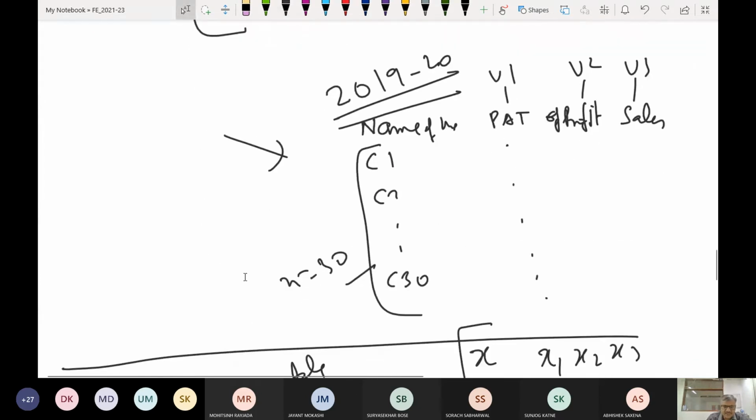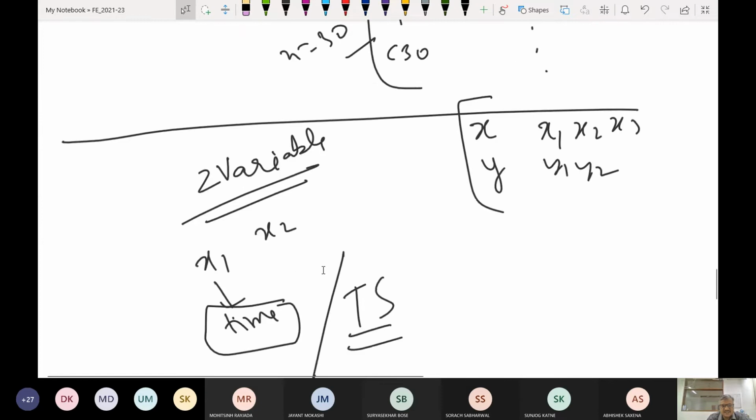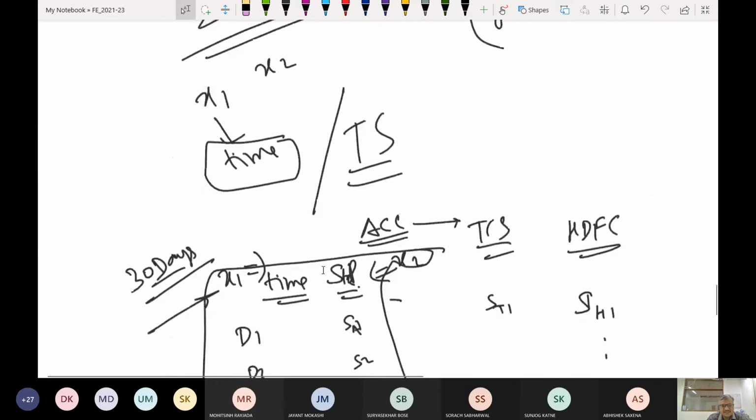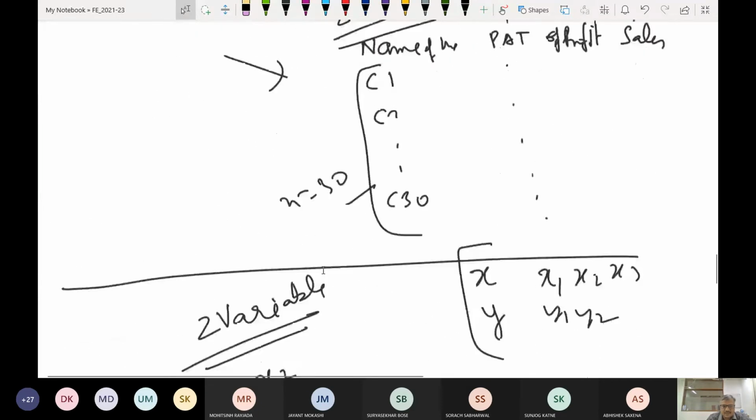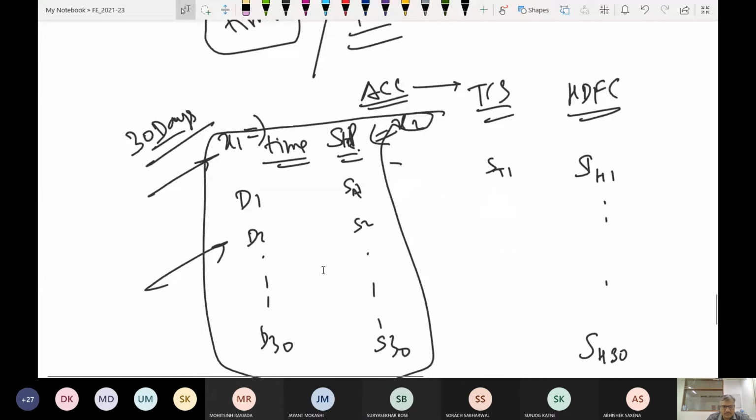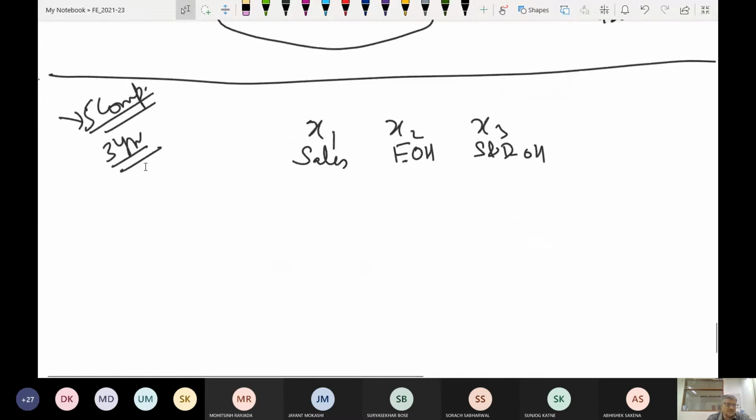I can take all 30, but to make you understand the concept I'm taking an oversimplified example, five companies. Cross-sectional talks about only 1 year, time series talks about many data points. I'm putting both of them together: 5 companies for 3 years.